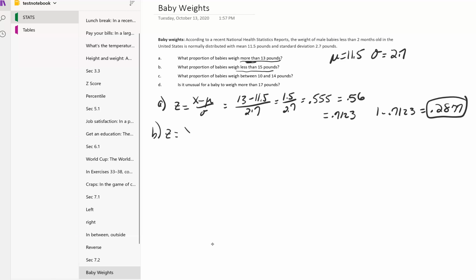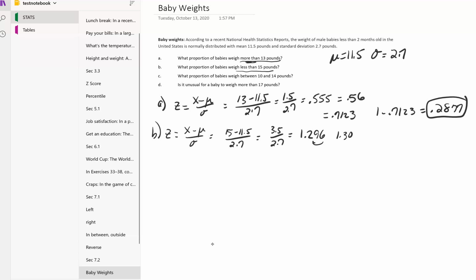B, less than 15 pounds. So again, the same formula, x minus mu over sigma. So it's going to be 15 minus 11.5 divided by 2.7. So it's going to be 3.5 divided by 2.7, which is 1.29, and again I need to round this. So I'm going to look up 1.30.